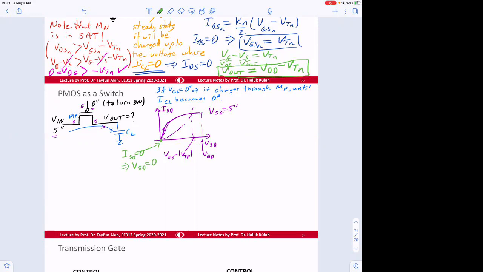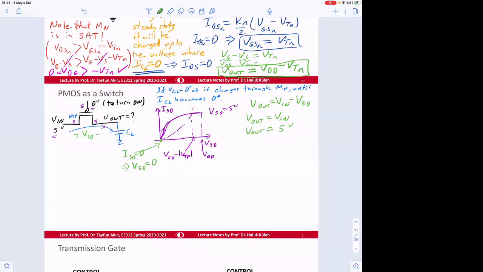Okay, so V out, we know that V out is equal to V in minus V source to drain. This is V source to drain. And since V source to drain is equal to 0, V out will be equal to V in, which will be equal to 5 volt.